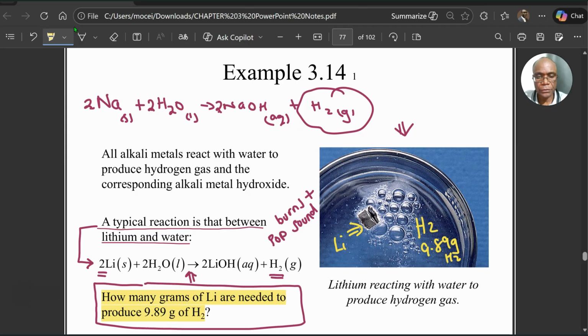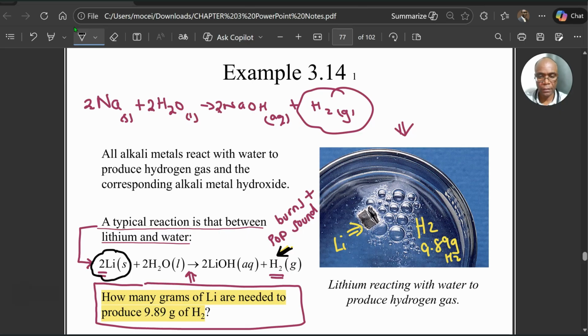So we are going to do the math backwards, because this time we have a lot of information about our product, but we don't have much information about our reactant. Before, we were given the amount of glucose, finding the amount of CO2. Now we are given the amount of product, hydrogen gas, finding the amount of lithium, the reactant.